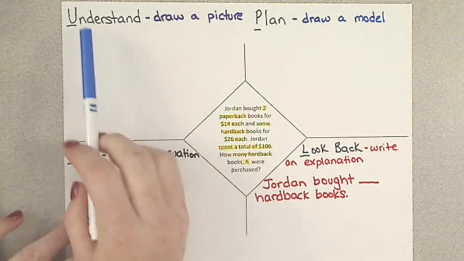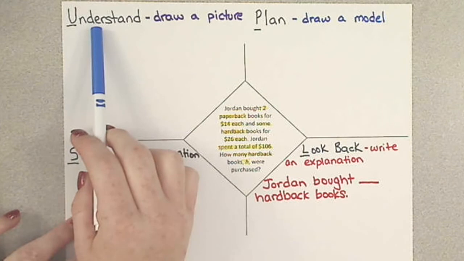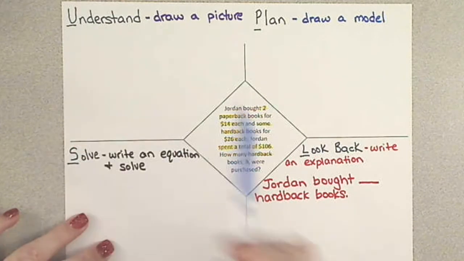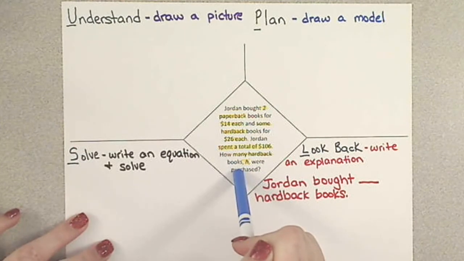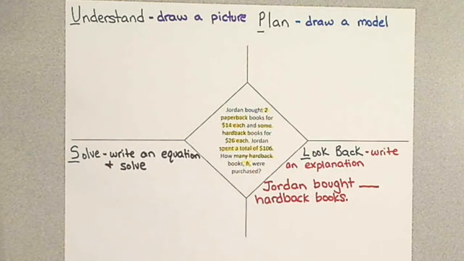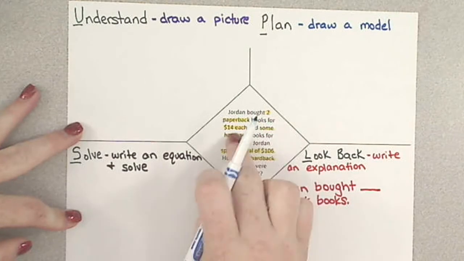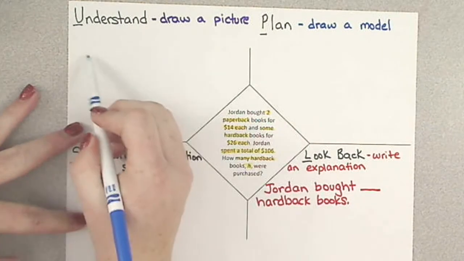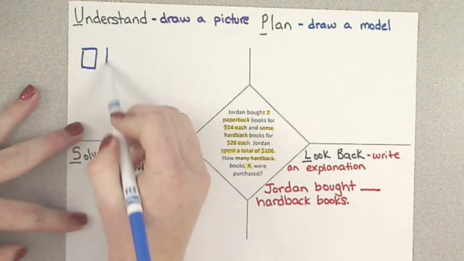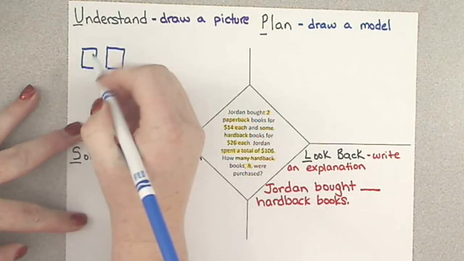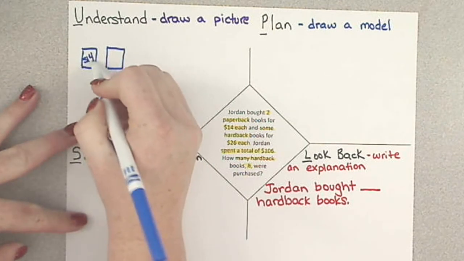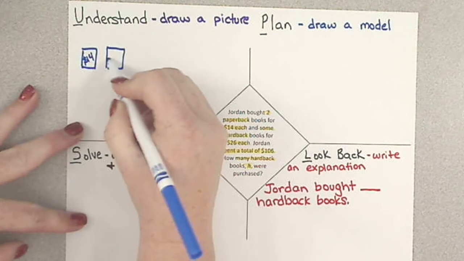Now I need to start with my understand. I need to make sure that I understand what this problem is saying and what it's asking me to do. So I understand that Jordan bought 2 paperback books for $14 each. Okay, so I can draw 2 books and I can put $14 inside.